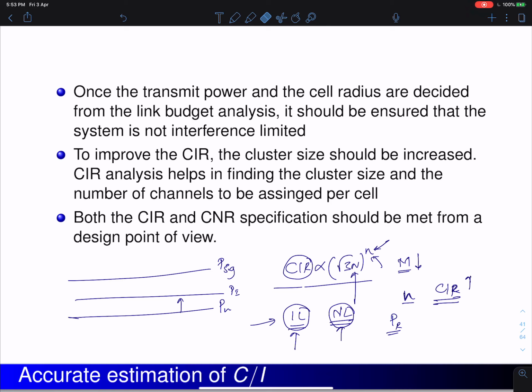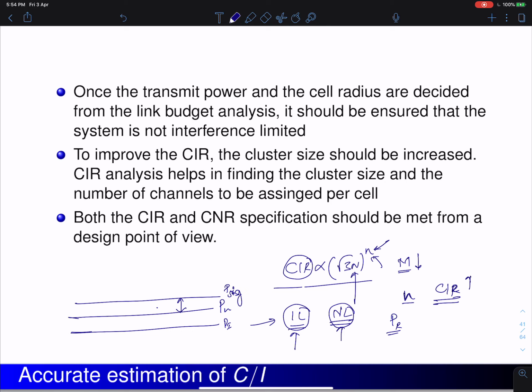Now the point is that a very high path loss exponent is not always good. If you have a very high path loss exponent, both the signal and the interference will reduce. The interference power Pi has come down significantly, but the signal power P_sig is also reduced.